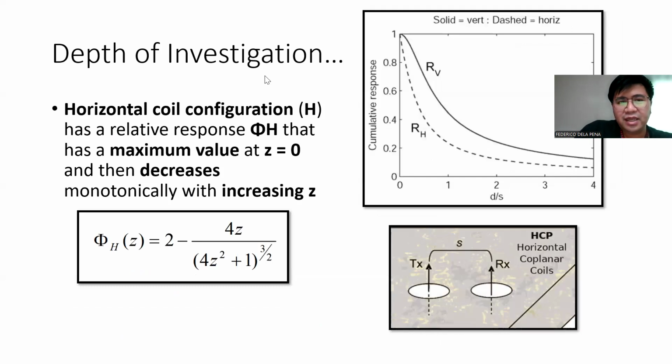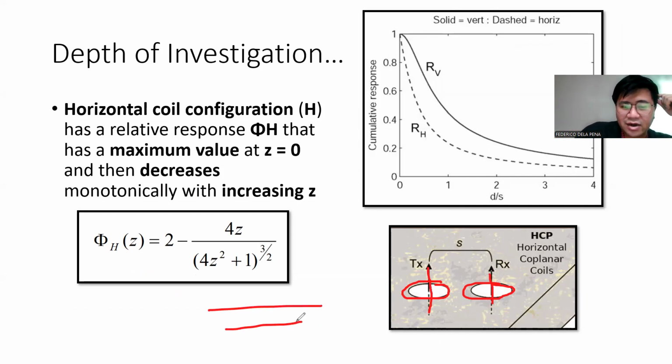Now for HCP, or horizontal coil configuration, your coils are oriented parallel to the horizon. As you can see here, they tend to detect field lines which are oriented vertically. So again, if you have shallow layers, their magnetic fields will initially propagate as vertical field lines, and then as they go further and further, they tend to flow horizontally.